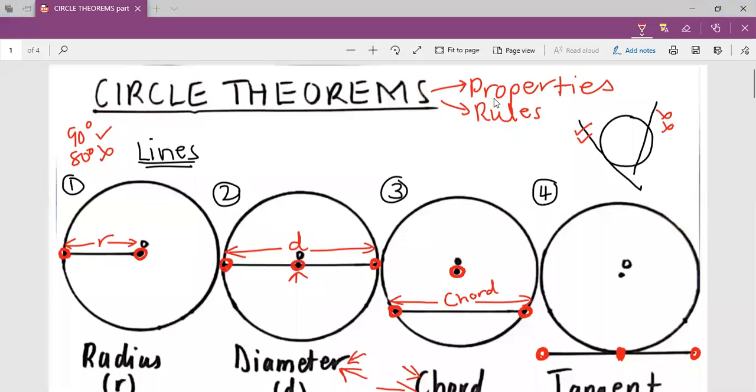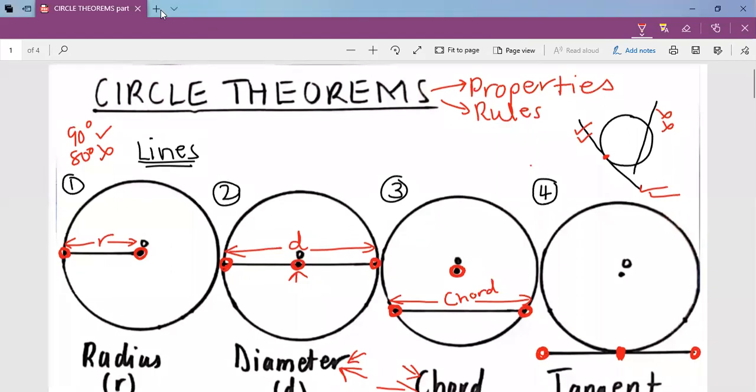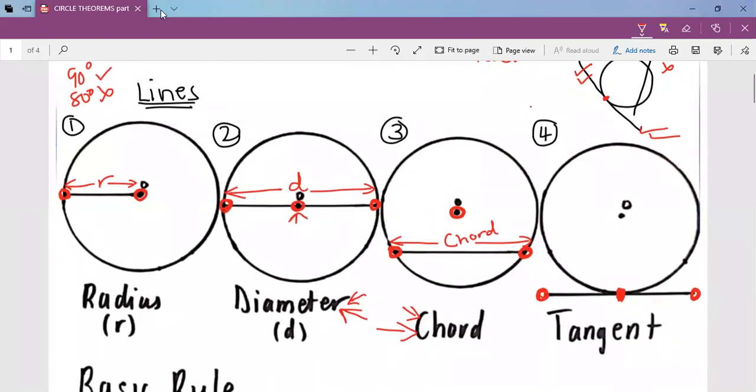A tangent must never pass inside. A tangent must be touching a circle at only one position. So whenever we have a straight line just touching a curve at one position, that straight line is known as a tangent. So students, we have seen 4 important lines.